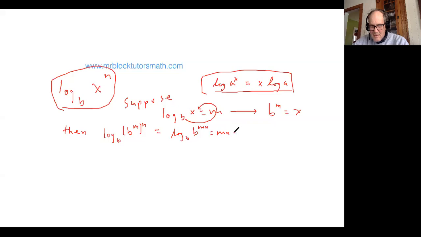Now let's turn that around using my commutative property. So back to this though, what was m? We supposed that m was log base b of x. So let's replace m with log base b of x. There you've got it.